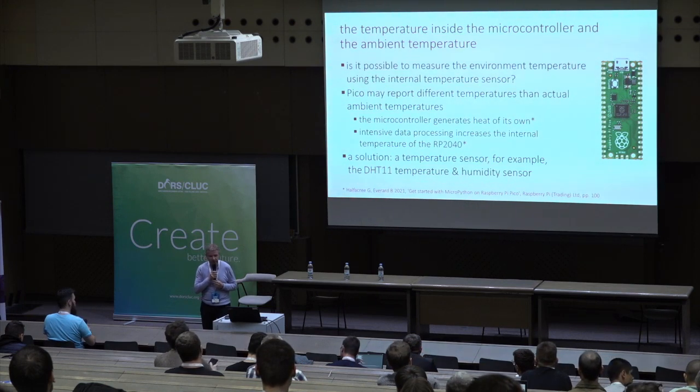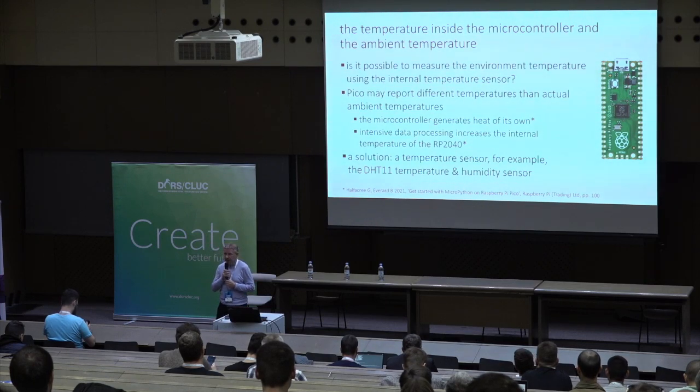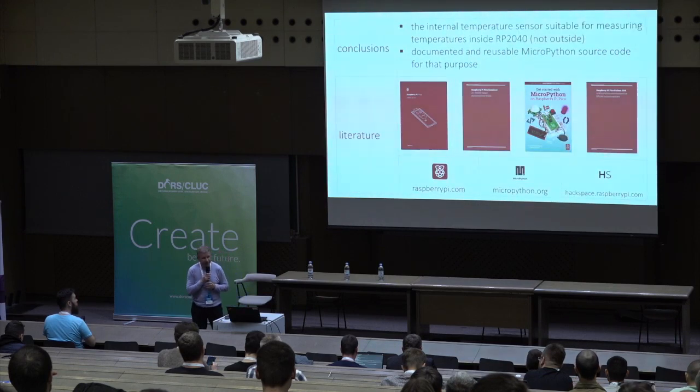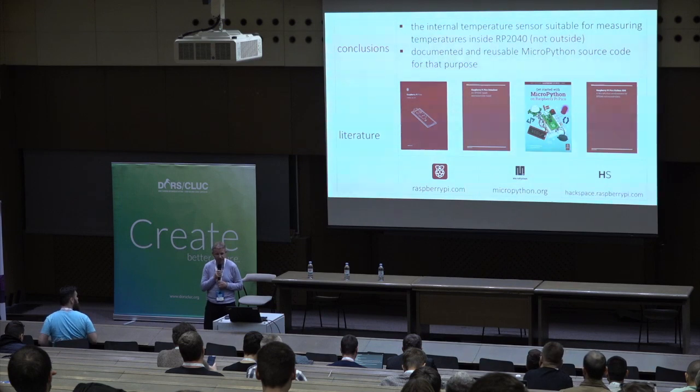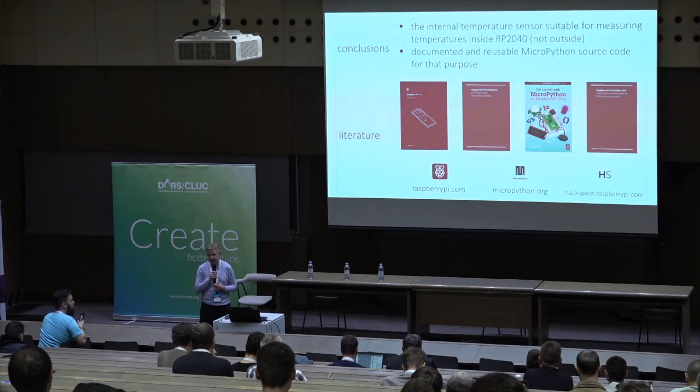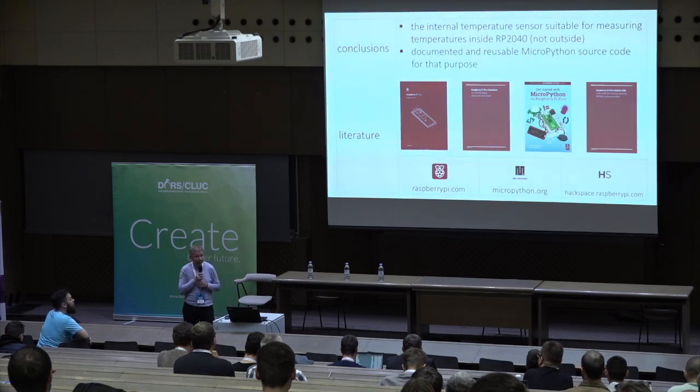We can measure the environment temperature using a dedicated temperature sensor, not the internal one. For example, the DHT11 temperature and humidity sensor. And we can conclude the internal temperature sensor is suitable for measuring temperatures inside RP2040, not outside.